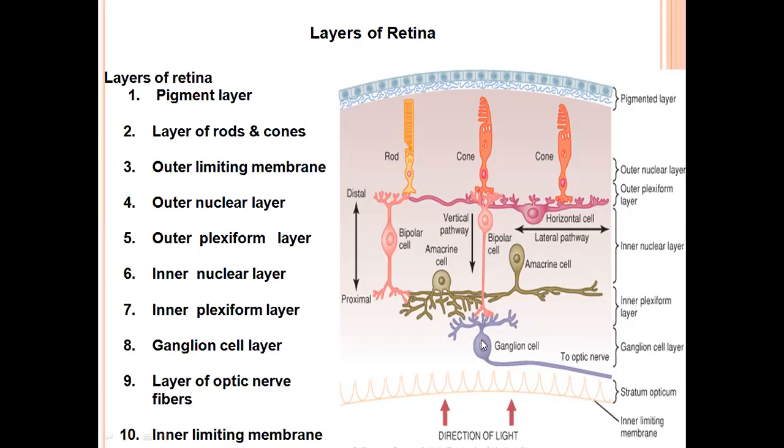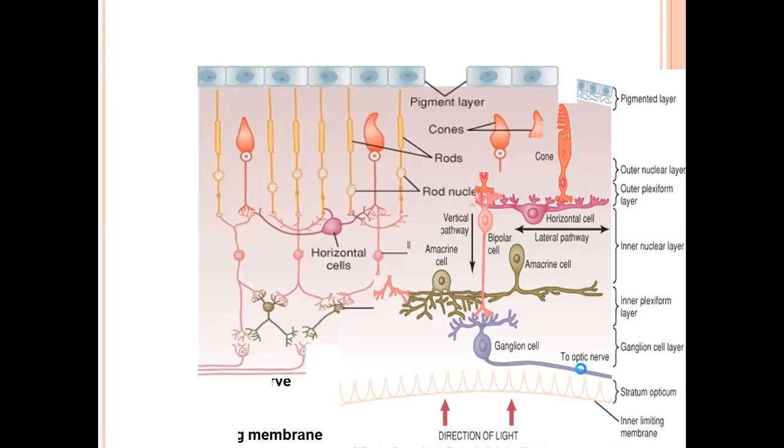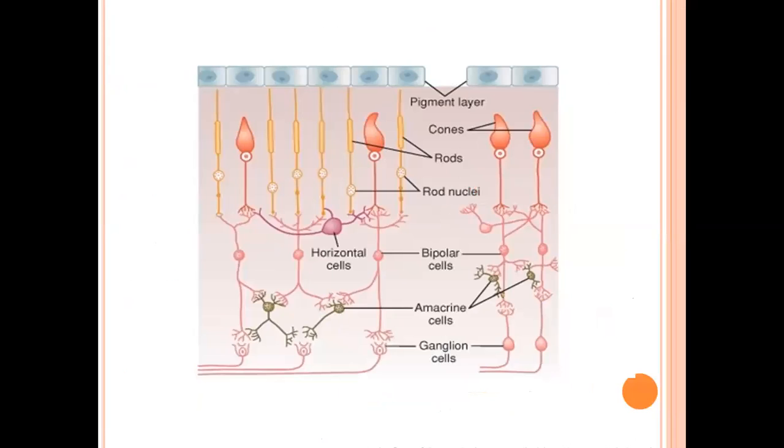From the ganglion cell, the impulse, whether it is vision, color vision or acuity of vision, is sent via the optic nerve to the lateral geniculate body and finally to the visual cortex. Again, the same thing with different cells: rods and cones, horizontal cells, then bipolar cells, and ganglion cells.